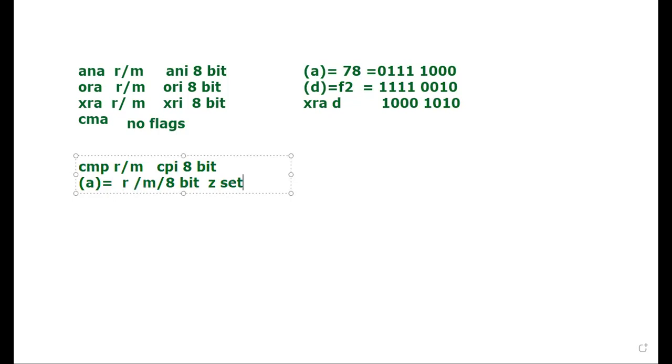In subtraction, the answer remains in the accumulator, so it changes. If the accumulator is less than your register or memory, then the carry flag will be set. And if it is greater, then the carry and zero flags will both be reset. All flags are affected, but you have to check carry and zero for equality and inequality.